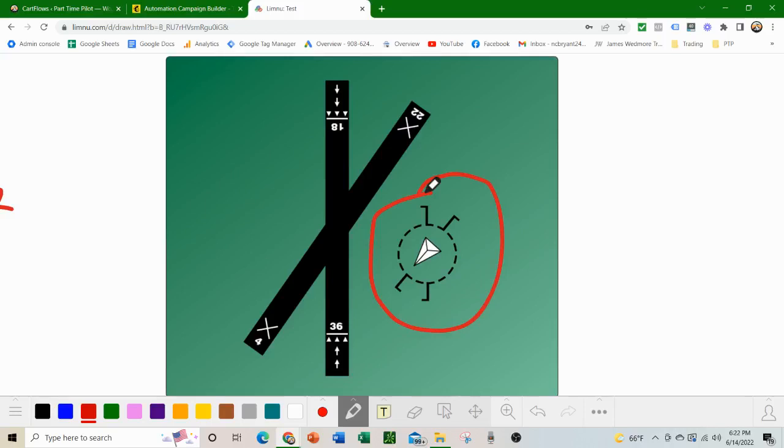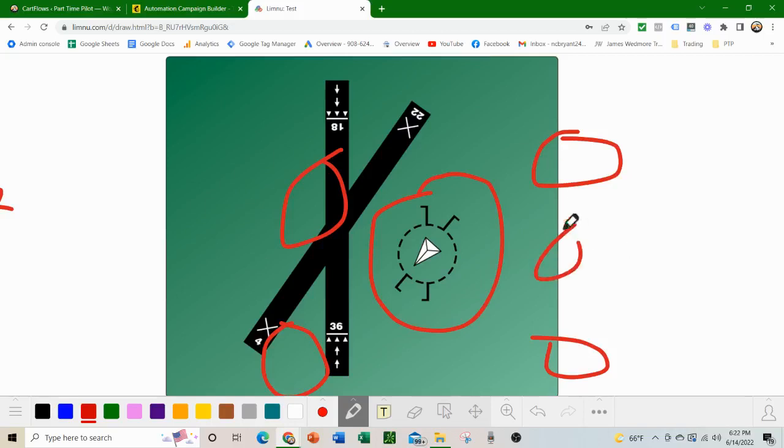So that's a question you're going to see on the FAA written exam. Is there an area around here? So it could be to this side, to this side, to this side of it, to this side, here. What side of the airport?